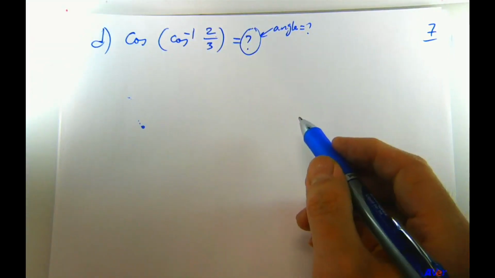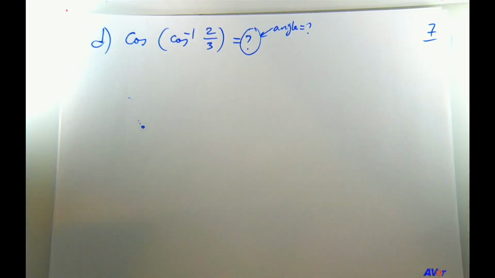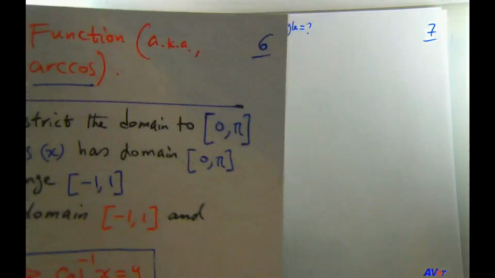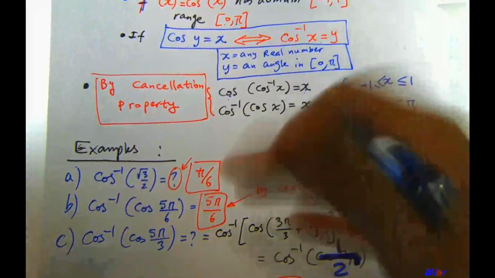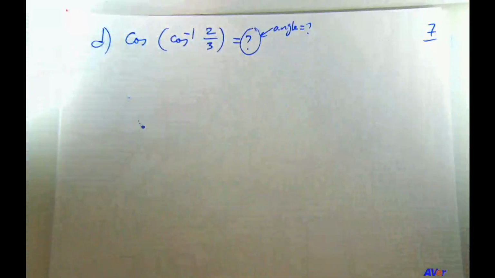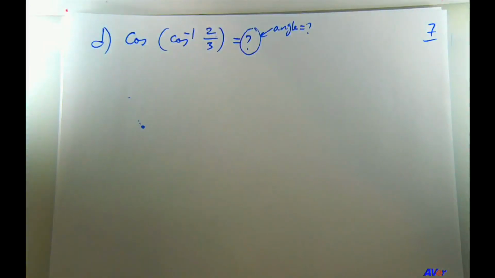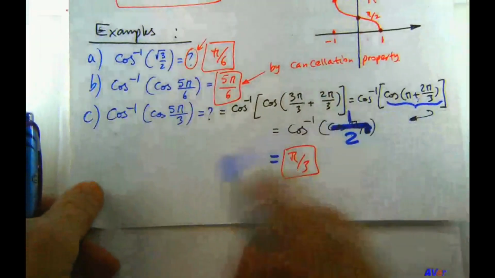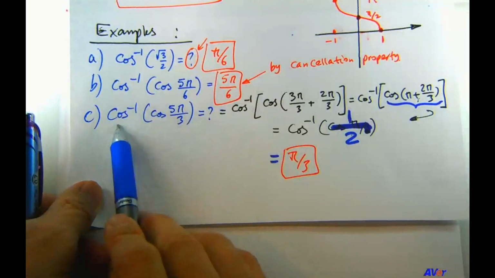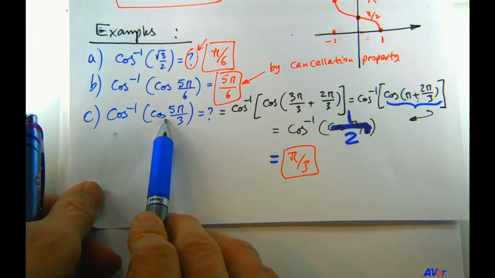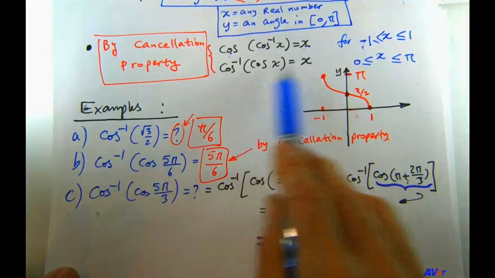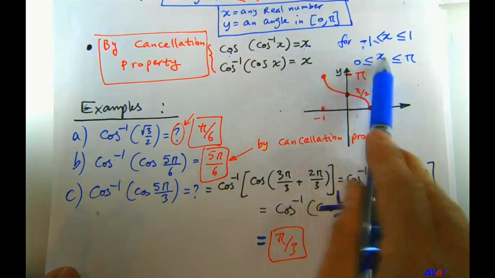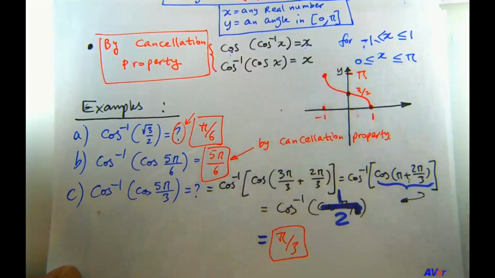I'm not sure if in the video I'm able to explain this well enough for you to see what happens here. The previous example was inverse cosine of cosine function. So in the cancellation property, the x should be in the range between 0 and pi.